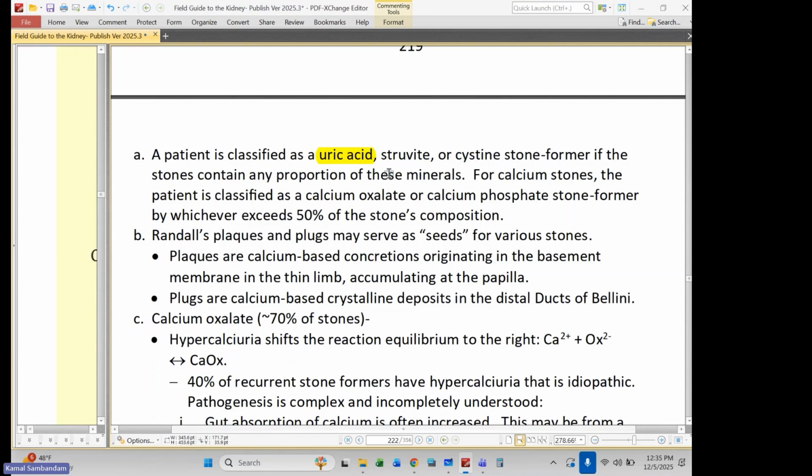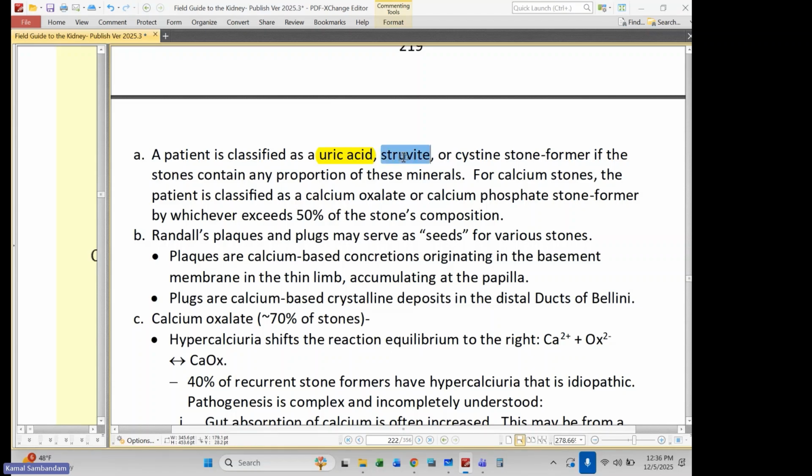You often have mixed stones. I guess I should start with that, okay? Sometimes they'll even make comments about the nucleus of the stone being a certain component. Often it's calcium phosphate surrounded by a shell of calcium oxalate. Okay, though sometimes you'll get that nuanced description of what the stone analysis is revealing.